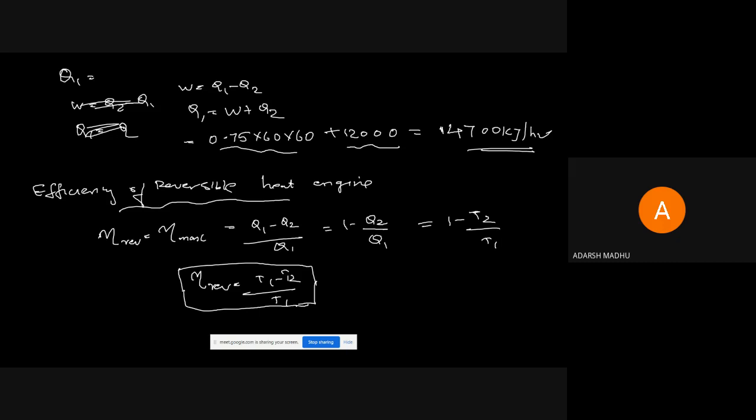How can we also relate this using the COP of a refrigerator and the COP of a heat pump, in terms of temperature?